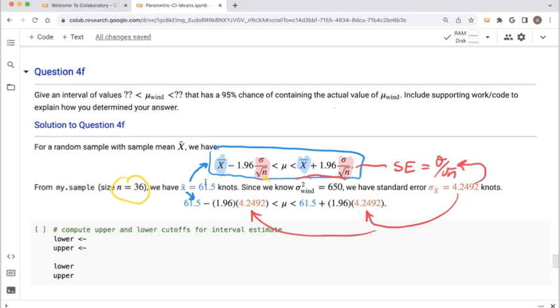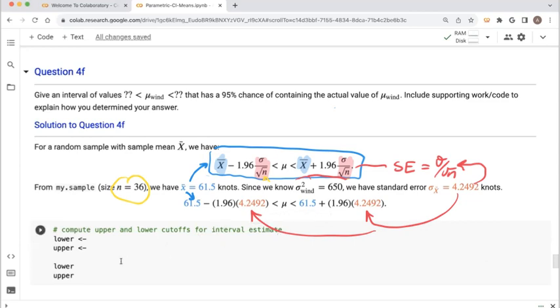So I can take my observed sample mean and plug that in place of X bar. I can take my standard error and plug that into this same formula. And now I use these multiples, minus 1.96 and 1.96, to build in some margin of error into this estimate.